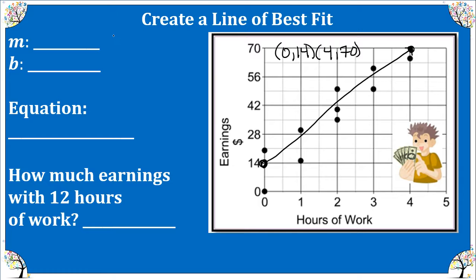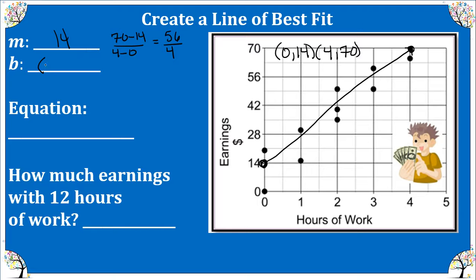When I find my rate of change, 70 minus 14 over 4 minus 0. So when we get that, 56 over 4, and that divides nicely into 14.